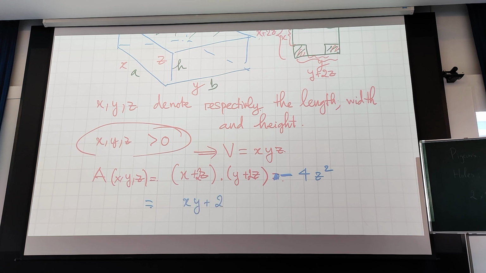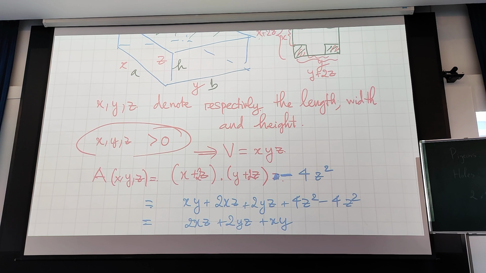xy plus 2xz plus 2yz plus 4z square minus 4z square. So you have this function 2xz plus 2yz plus xy. This function gives you the area of the cardboard after cutting four corners.